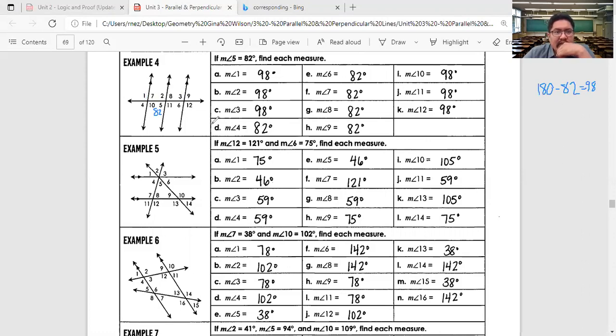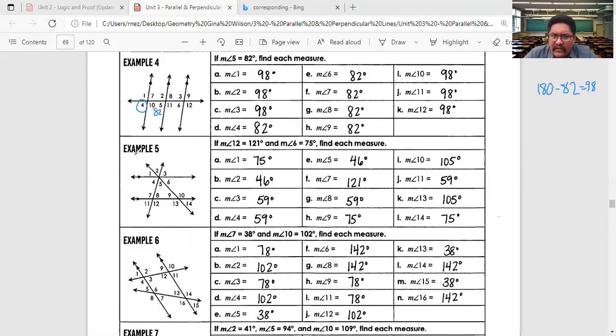And then measure of angle 4. Now we're looking at this one here. We know 5 is 82, and these are corresponding angles. Since they're corresponding angles, they're the same. So 82.